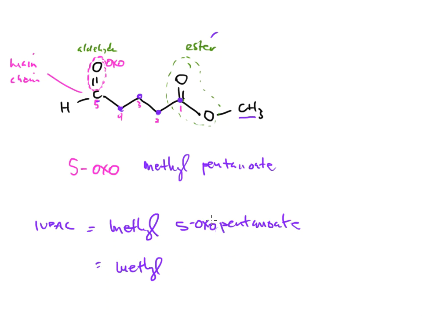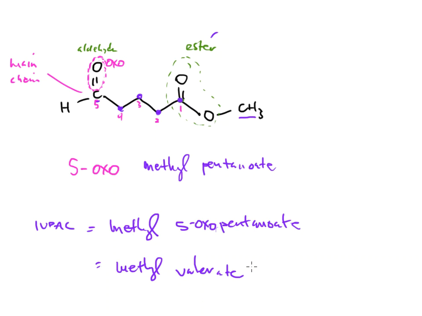What's the common name for 5 carbons? Valer, V-A-L-E-R. Good, there's valer. Well, do you remember what ending an ester gets for a common name? It's kind of like oate without the o. So valerate is going to be the common ending of that.